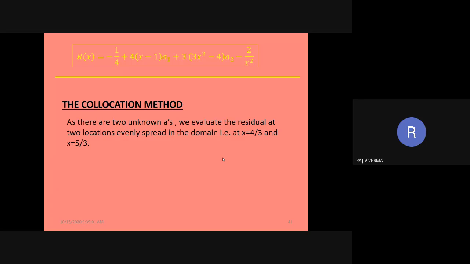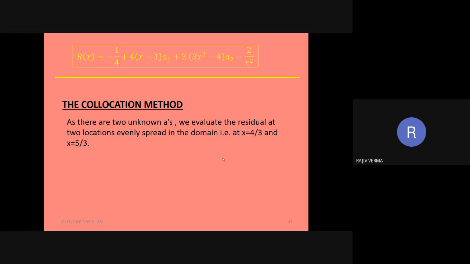As there are 2 unknown A's, we are going to evaluate the residual at 2 locations evenly spread in the domain.